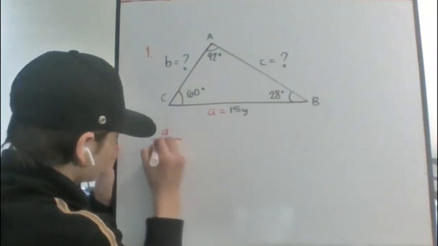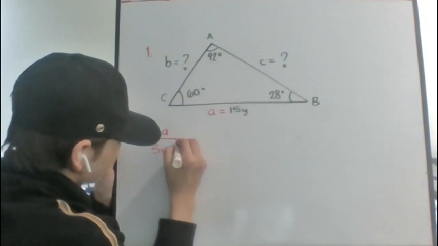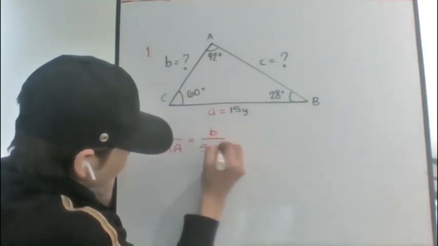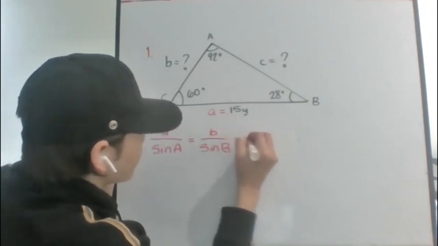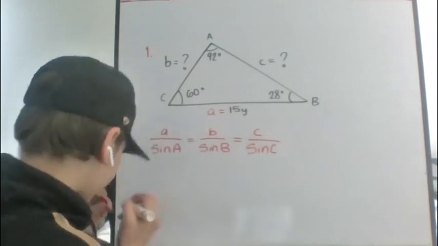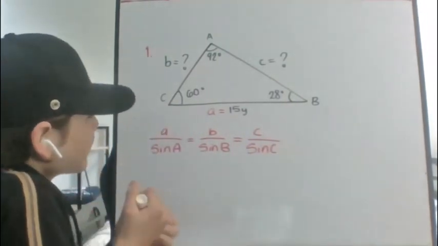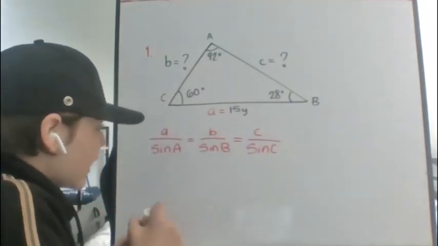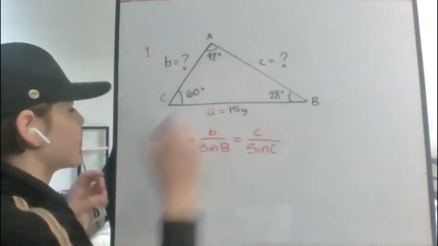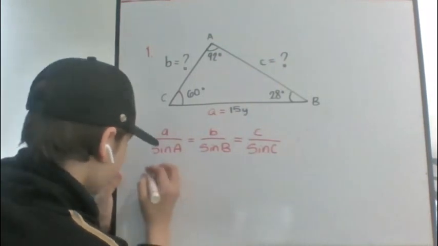We know that A over sin A is equal to B over sin B, which is equal to C over sin C. So what we have to do now is replace this and isolate the variable that we're looking for. In this case, we're looking for B and C. So I'm going to do B first.